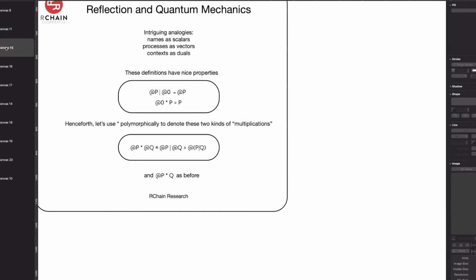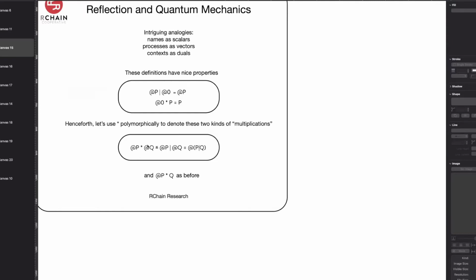And obviously, the definitions have nice properties, right? So the quote of the zero process is an identity, and it's also an identity as a scalar multiplier.